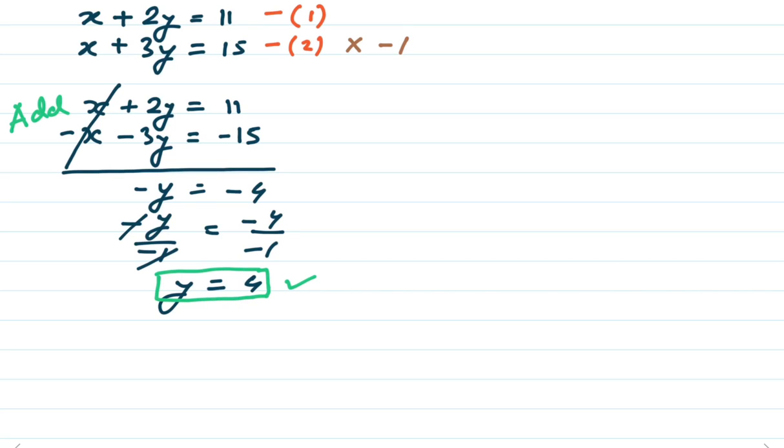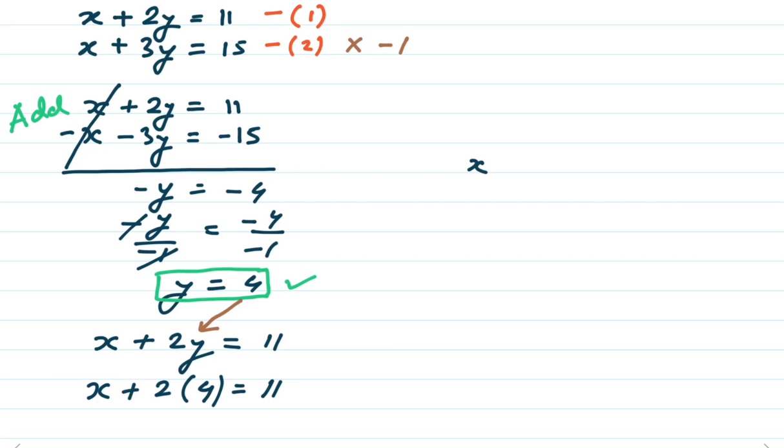For my x answer, I'm going to take, let's say, the first equation, which is x plus 2y is equal to 11, and replace the value of y here with 4. That gives me x plus 2 times 4 is equal to 11.